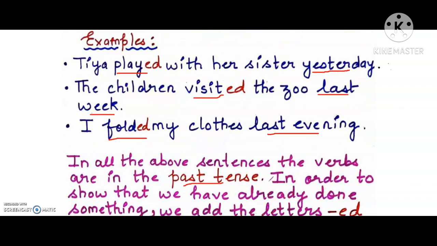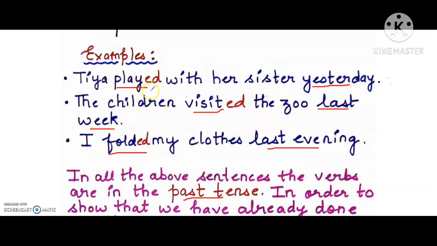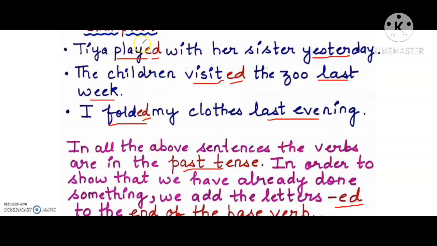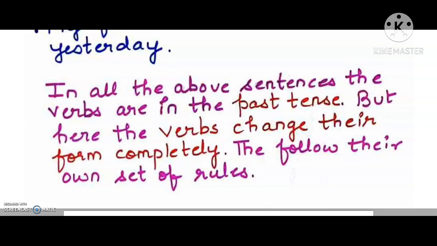Yes, you have to remember that, children. We have to add ed. You can see I have written ed in red. So you have to add ed to the base verb. These verbs are also called irregular verbs.